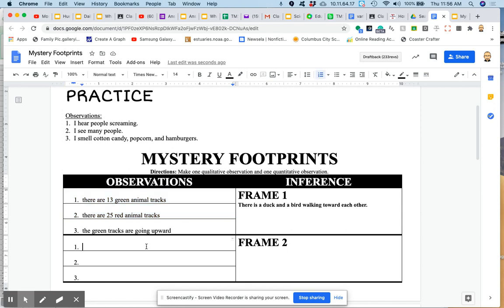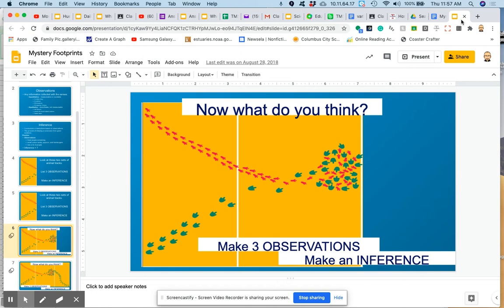So I see red animal tracks. You could count them. I'm not going to take the time to do that. I see green animal tracks. Then the third observation would be that they're mixed, right?